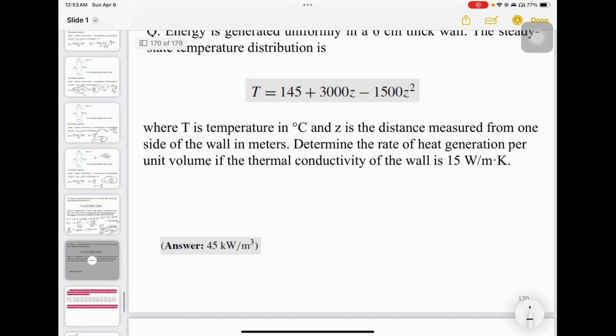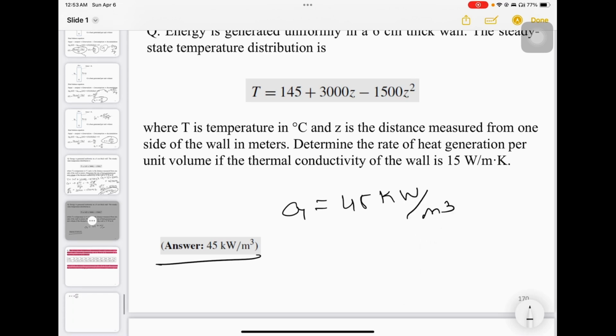Let's verify it. So, our heat generated per unit volume is 45 kilowatt per meter cube.